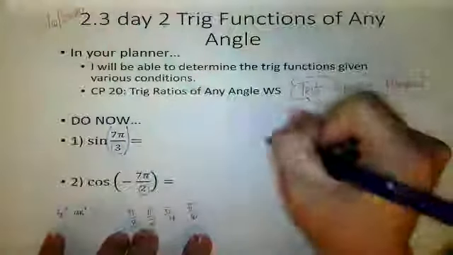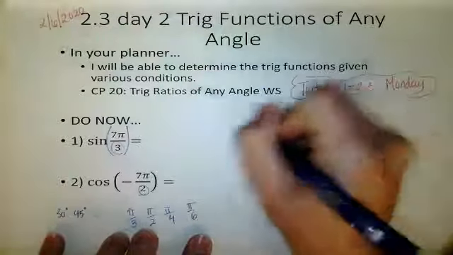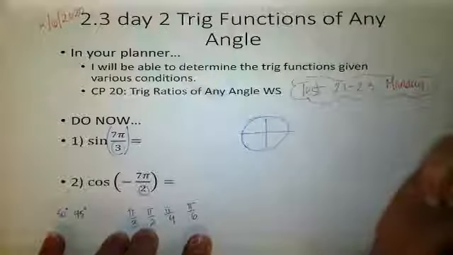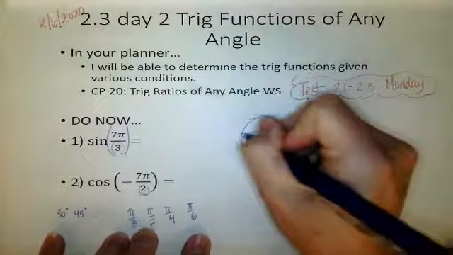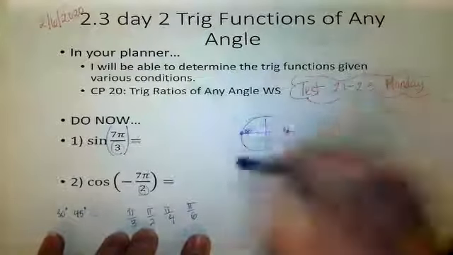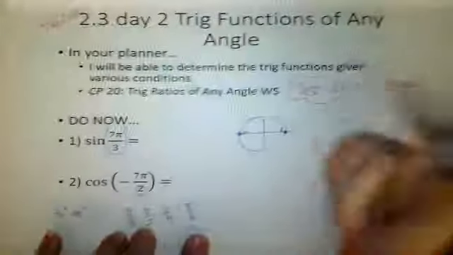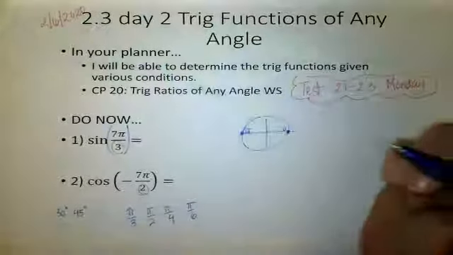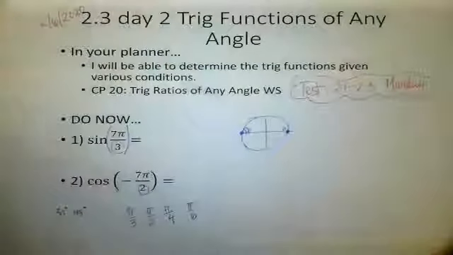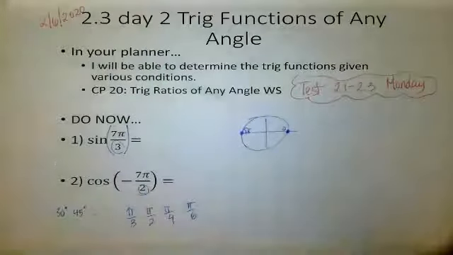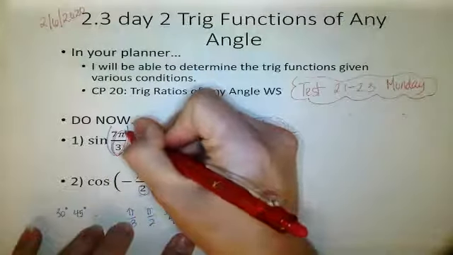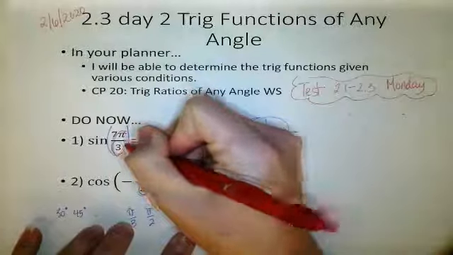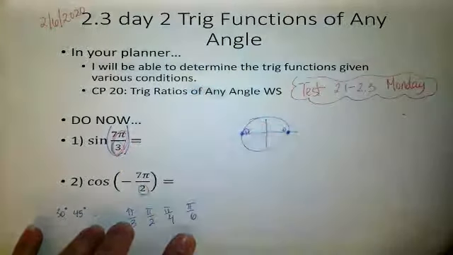7 pi over 3 is an angle in standard position. So I've got my circle, and I'm going to draw some dots. Where's pi? Oh, I want to put pi, not 180. Sorry. Pi. And what do I need to divide pi into? 3. This literally says pi divided by 3.